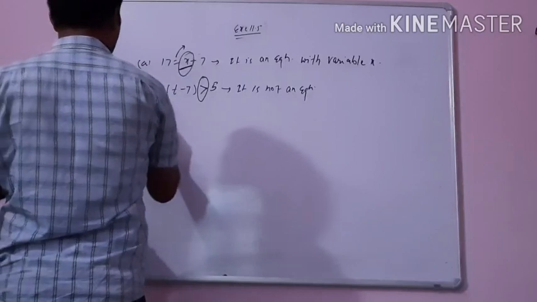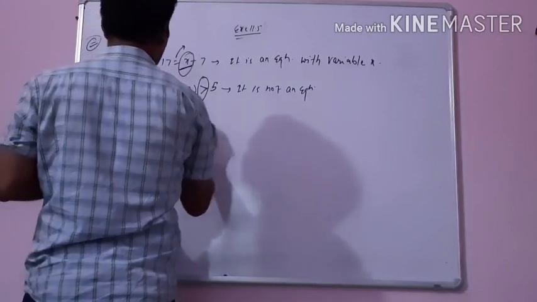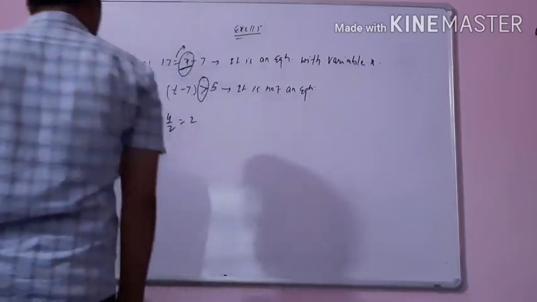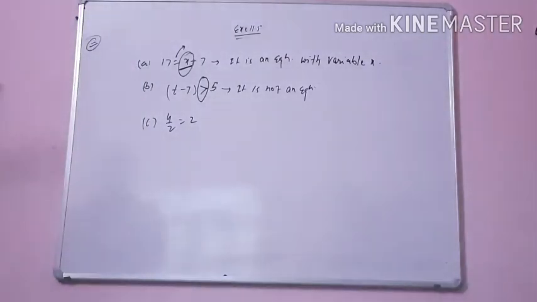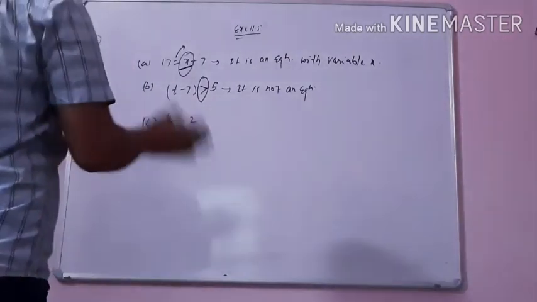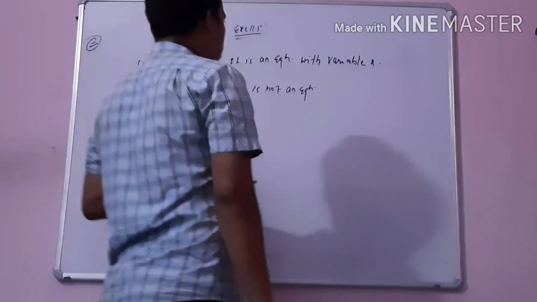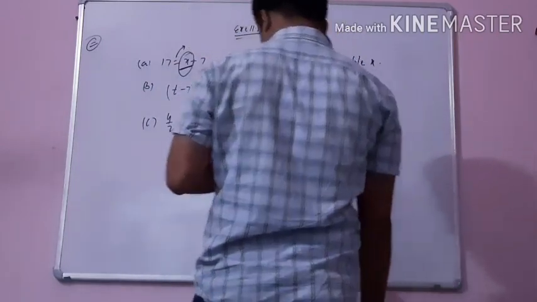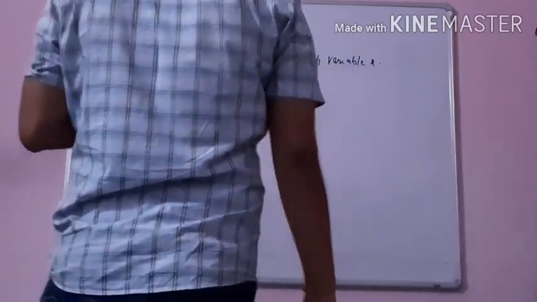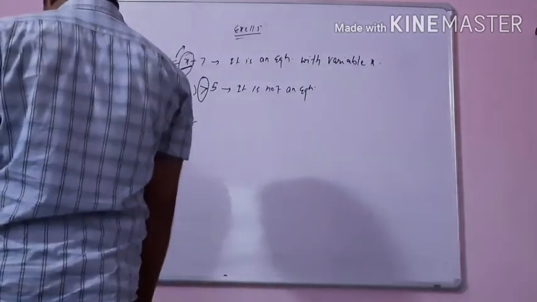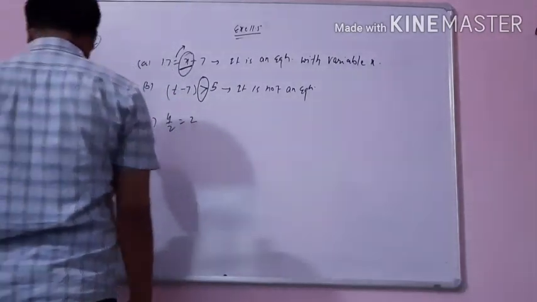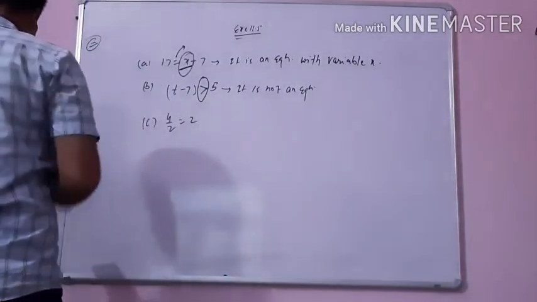Now see, 4 upon 2 equals 2. Here LHS equals RHS, but here we don't have any variable. So similarly, you solve each and every question given in question number 1.